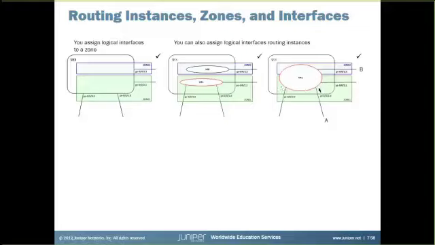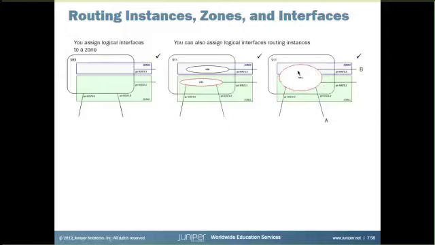However, these three interfaces are on zone 1 and this interface is on zone 2. That also passes all the validations because the rule says all interfaces within the same zone need to be on the same routing instance. So these three interfaces are on zone 1. They are all on the same routing instance.